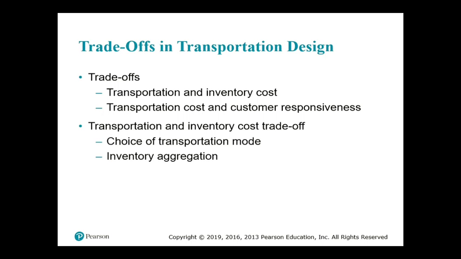So the shipper must determine what is the balance point between transportation and inventory cost. So modes with high transportation costs can be justified if they can significantly reduce inventory cost.